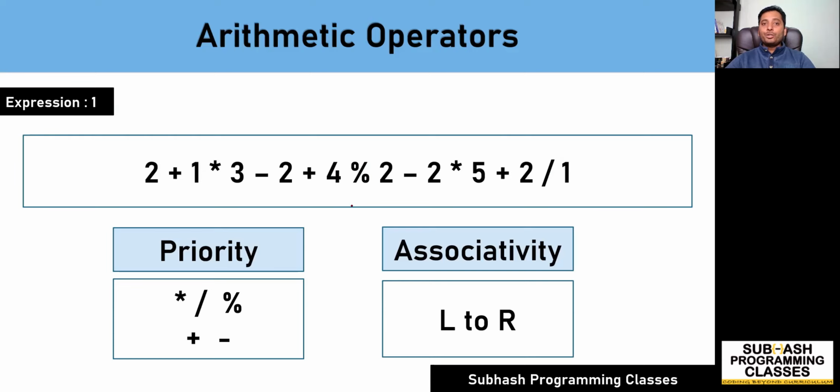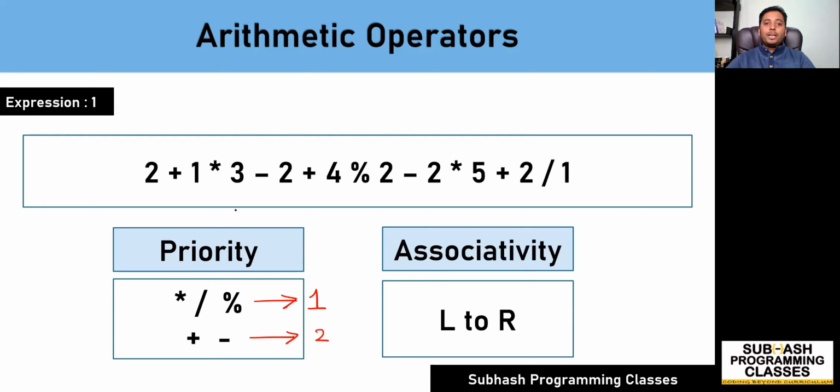So to avoid this confusion, C language gives us a rule called the priority rule, or sometimes also called the precedence rule, right? In arithmetic operators, the highest priority is given to star, division, and modulo operator. So star, division, and modulo operator enjoy the first priority, and the second priority is given to plus and minus.